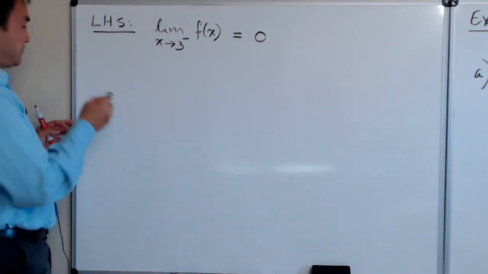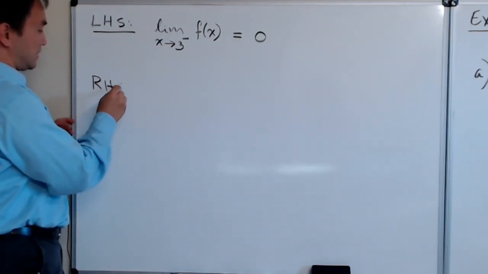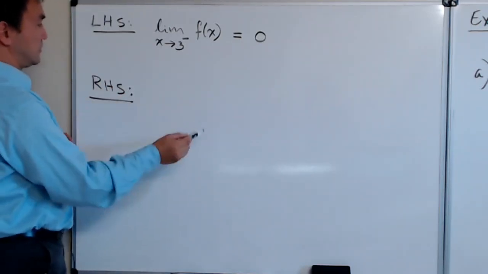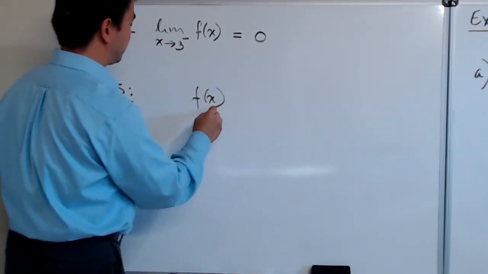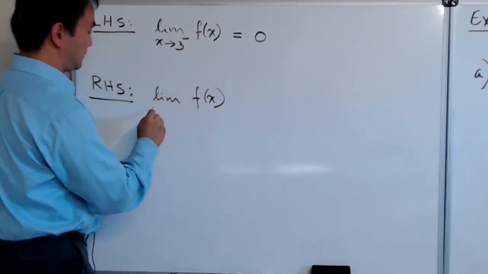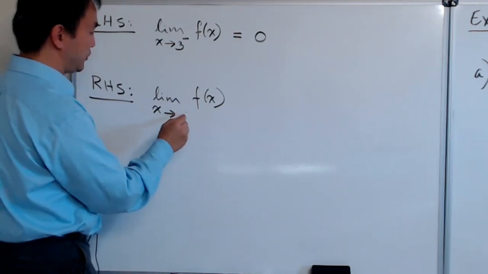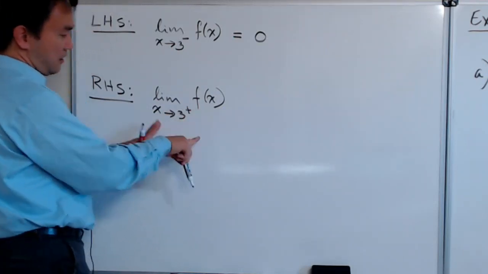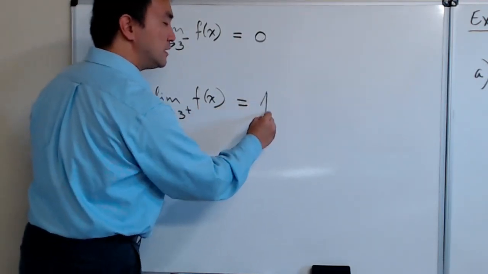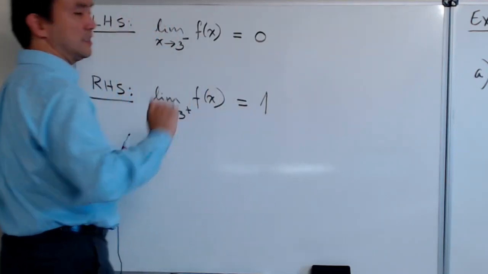But for the right-hand side, on the same function, when we allowed x to come close to 3 from the right-hand side, our function came to a different limit, 1.